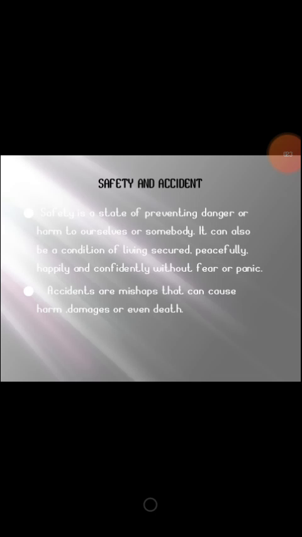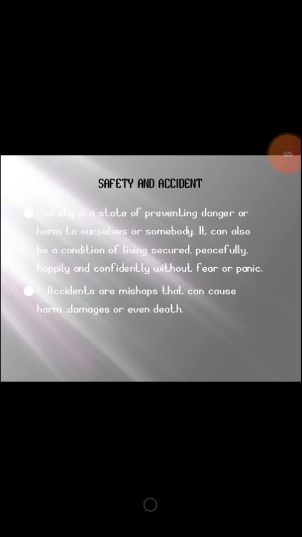So whenever we find ourselves, we need to apply safety. We must turn off our gas before leaving the house. We must turn off our electrical appliances. We are simply applying safety in order to prevent accidents. So when we now say accidents, we say they are mishaps that cause harm, danger, or even death.